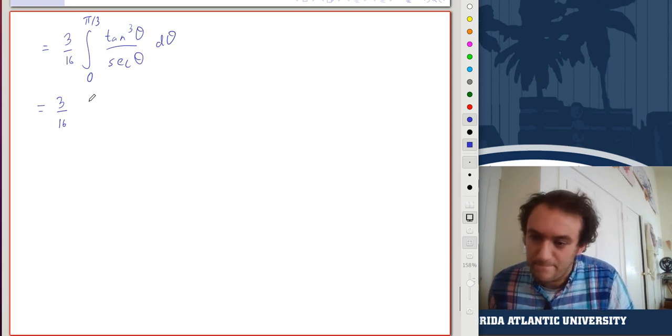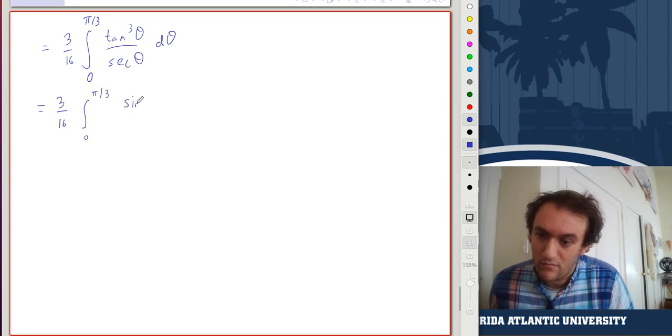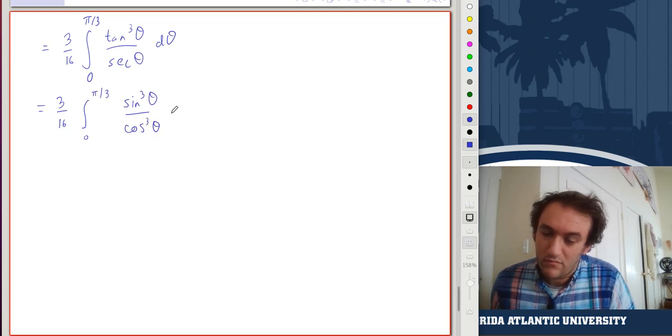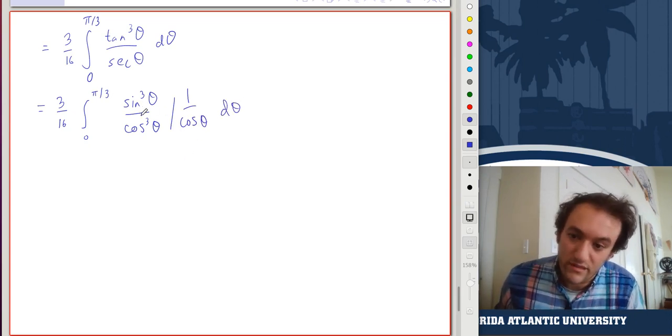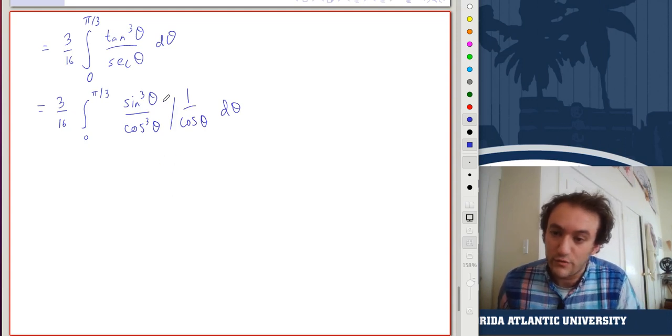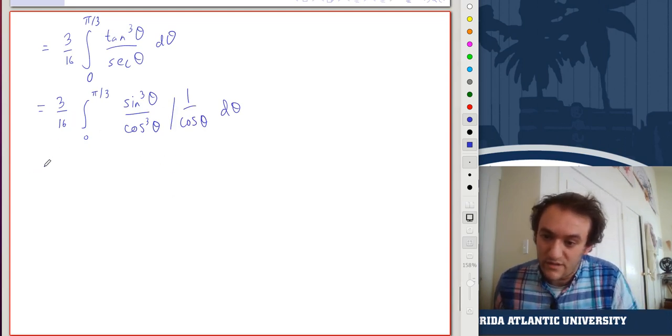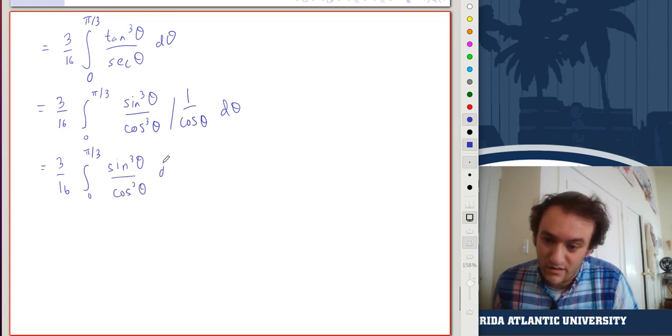Yeah, let's do that. Okay, so we're just replacing tan with sine over cosine and secant with 1 over cosine. And reciprocating and multiplying, we get 3/16 integral from 0 to pi over 3 sine cubed theta divided by cosine squared theta d theta.